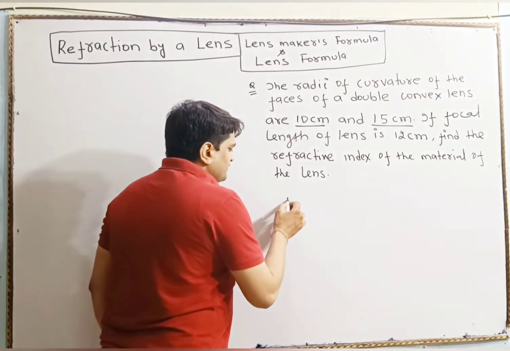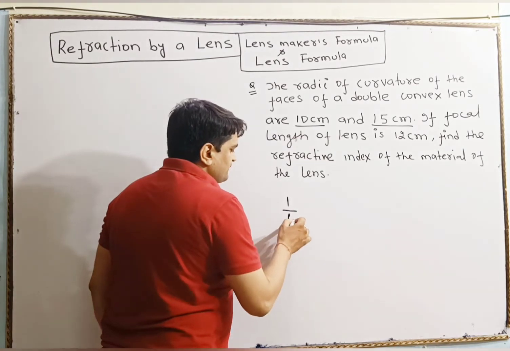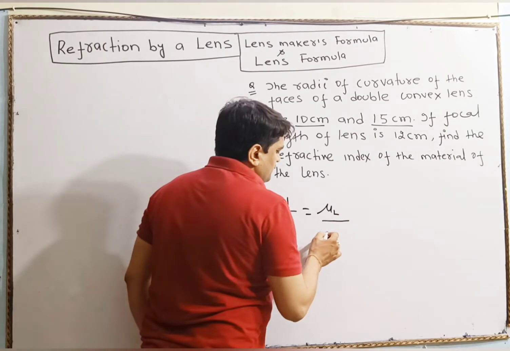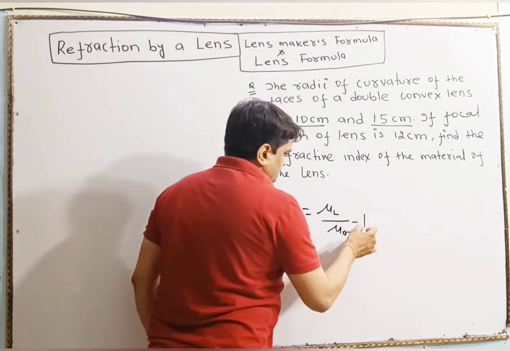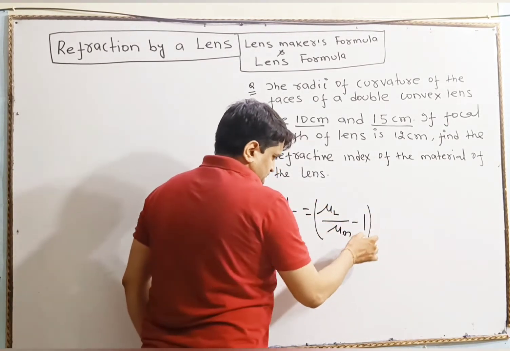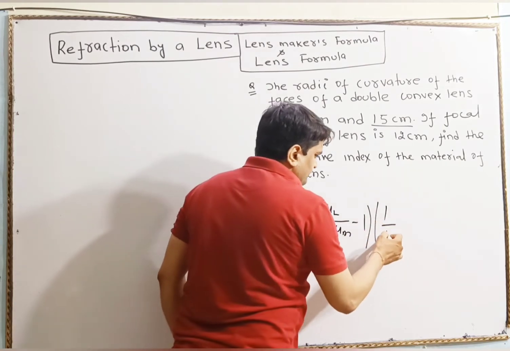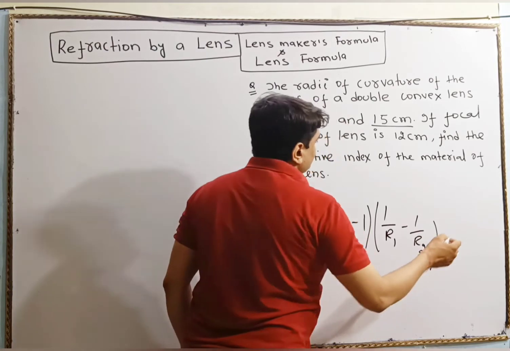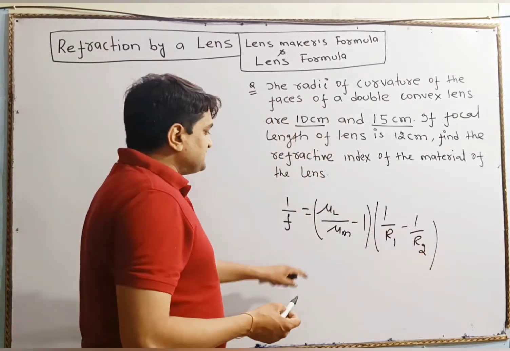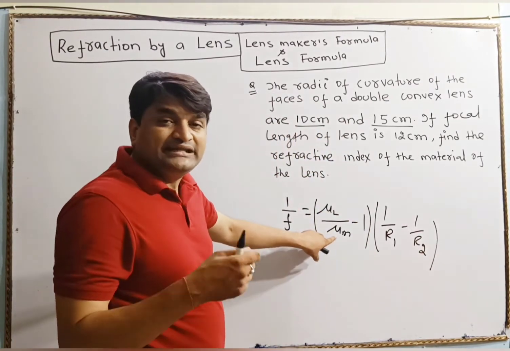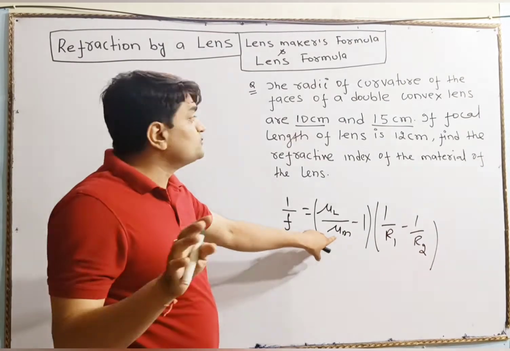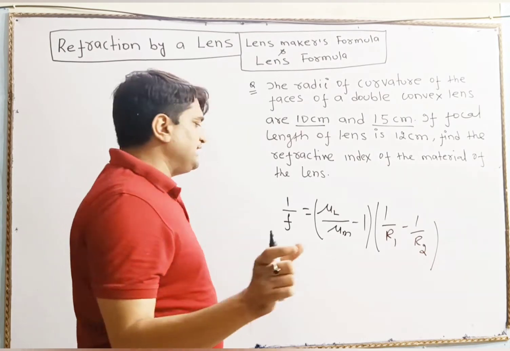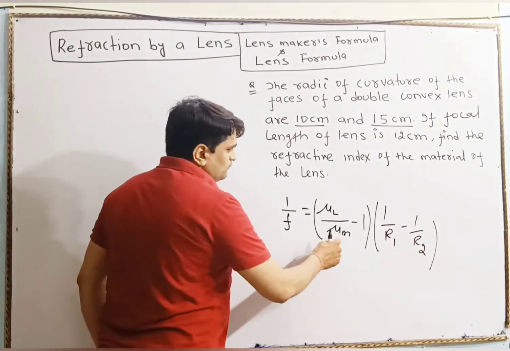We know that we have the formula 1 upon f equal to (mu L upon mu m minus 1) (1 upon R1 minus 1 upon R2). Here the refractive index of the medium is not mentioned, so by default we will take it as air and mu m will be 1.